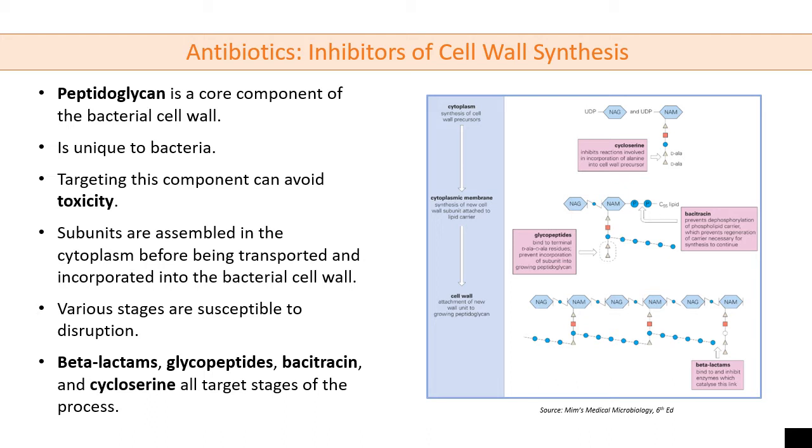So what these antibiotics do is they tend to target bacterial processes specifically. So they will either target processes that only occur in bacterial cells, so they don't occur in our cells, or they will target processes that occur in both cells. However, they will only be targeting the process in the bacterial cell because they target it in a specific way. So for example, protein synthesis, this is a process that occurs in bacterial cells and host cells.